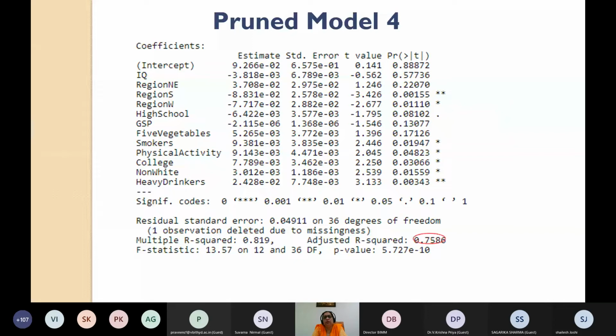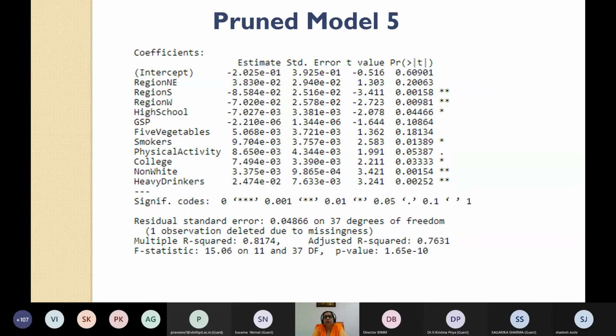So this way you go on till you get the model which gives you the highest adjusted R square value, or the model which doesn't bring in major change in the values of t, or you get high t values, or you get low p values.